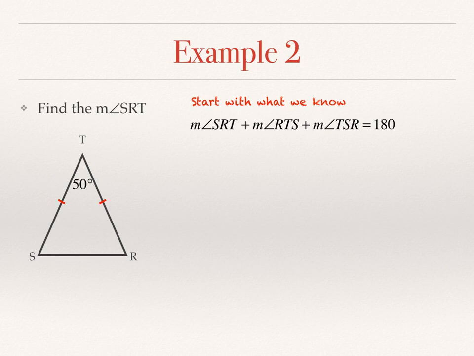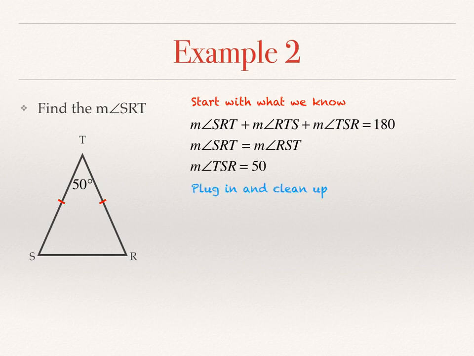So if the legs are congruent, the base angles are congruent. So I know that angles RST and SRT are congruent, therefore their measures are equal. And I know that the vertex angle up there, TSR, is 50. So I plug in, I clean up. Now I chose to replace RST with SRT.